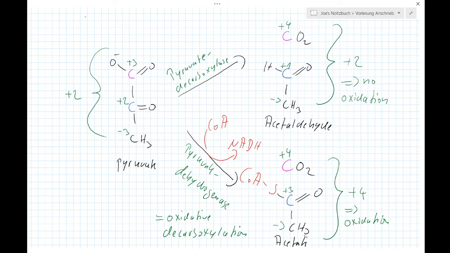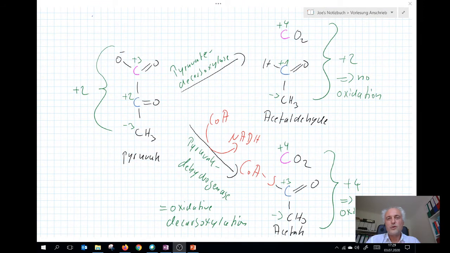So to see it at the end, you would have to count the oxidation numbers of all carbons where you have a change to be sure. But normally it happens directly at the position or at the next carbon where the leaving group was bound, and then it's quite straightforward.